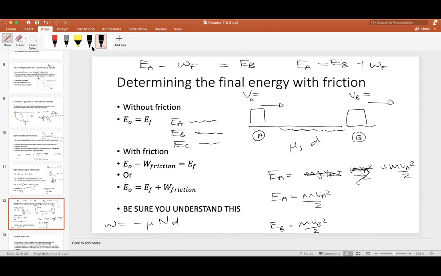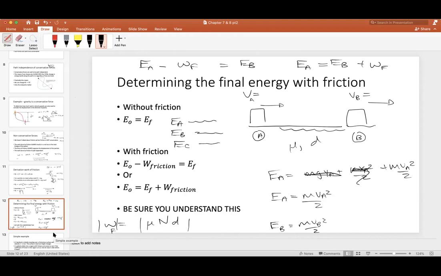I mean, it's important, but we really should write the magnitude of the work of friction as mu N d. It's negative if we put it on the side of the equation with the initial energy. It's positive if we put it on the side with the final energy. You'll see that in action. Just trust me, and I'll try to point it out.